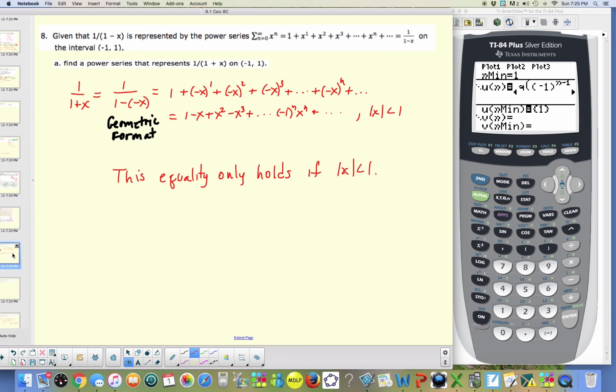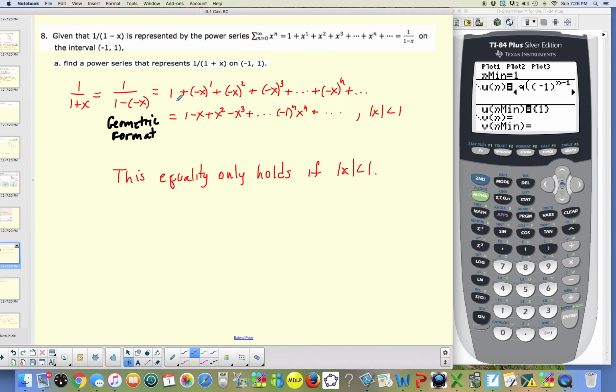Okay, given that 1 over 1 minus x is a representation for this geometric series, can we find a power series that represents 1 over 1 plus x? If we rewrite this as 1 over 1 minus the opposite of x, it's in this geometric format.